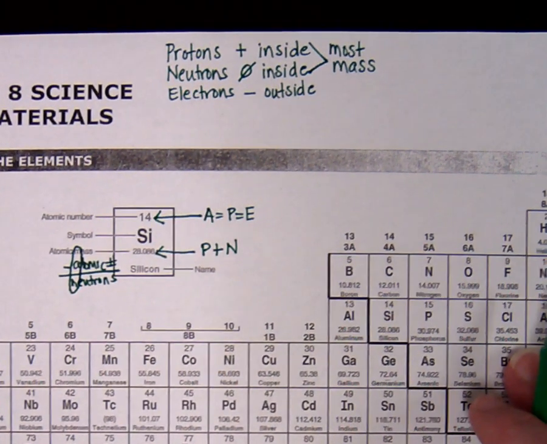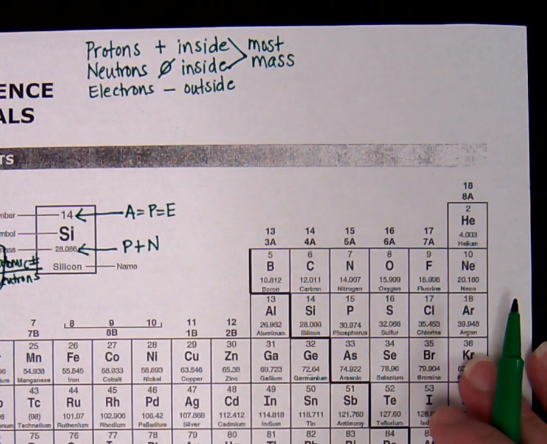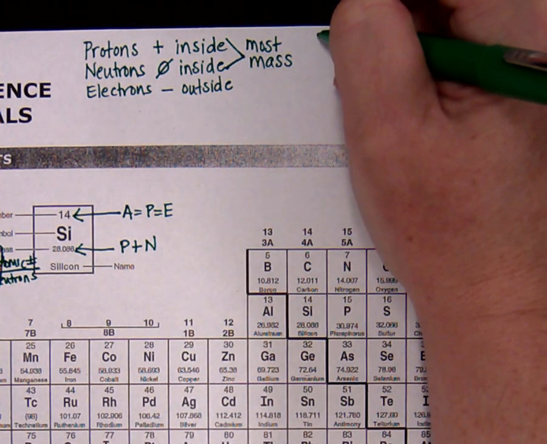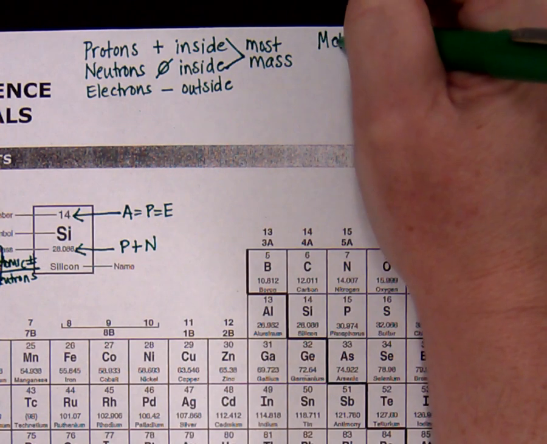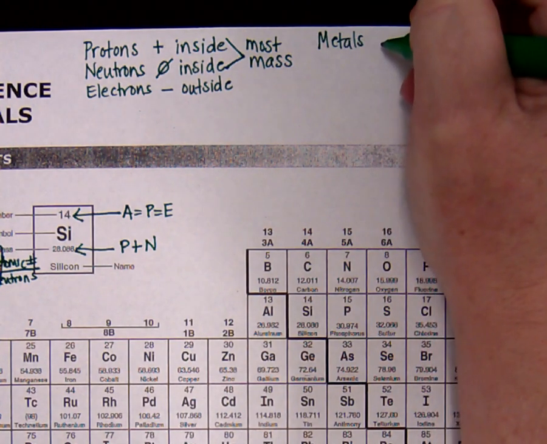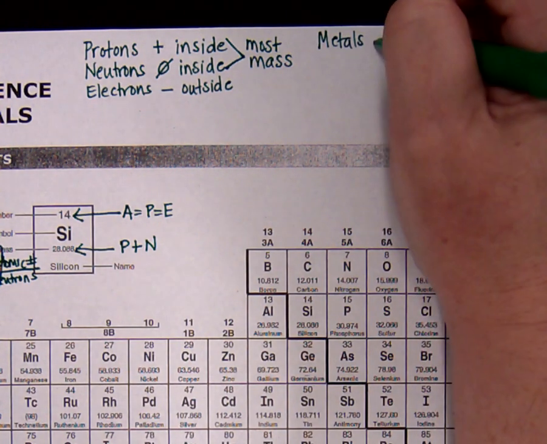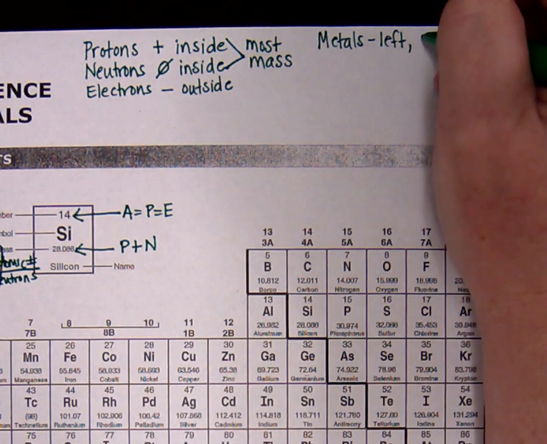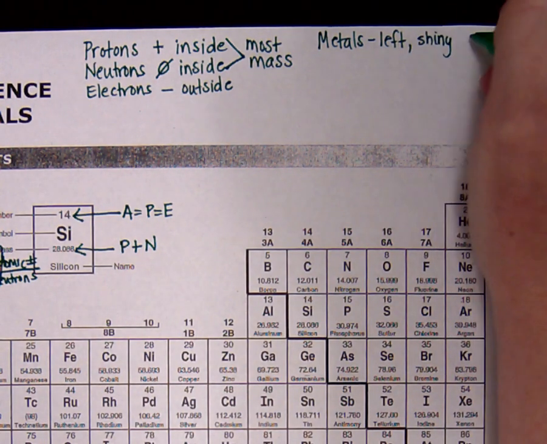Now, we're going to talk about what's on our periodic table. And we have our metals. And we're going to write the characteristics of our metals. They are on the left side. They have a shiny luster.